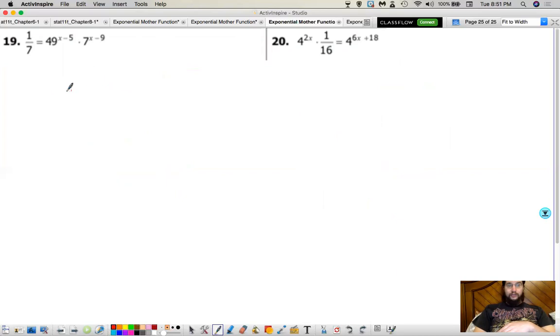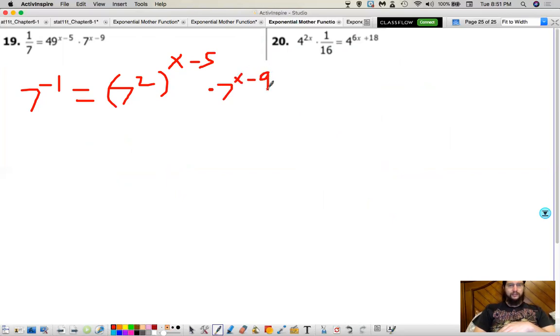So let me write everything in terms of 7 first. So it's going to be 7 to the negative 1 equals 7 squared to the x minus 5 times 7 to the x minus 9. So I need to go ahead and distribute this before I can do anything else.